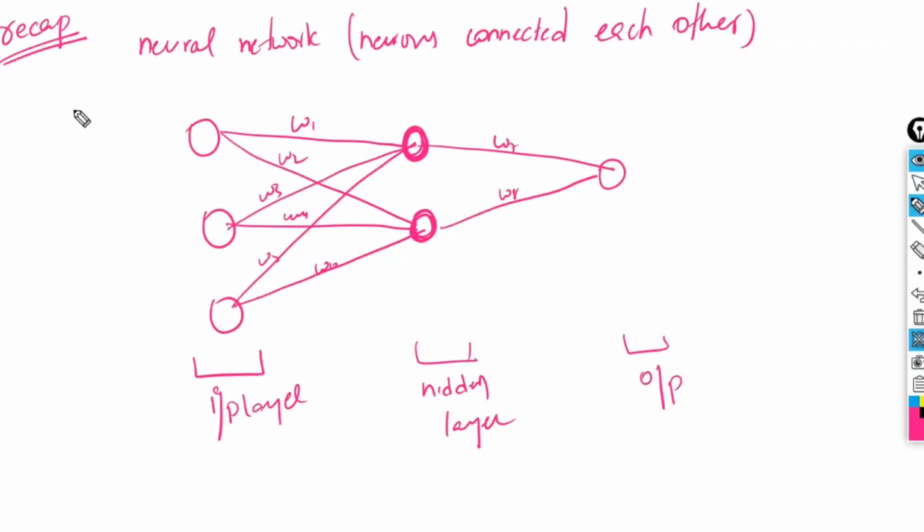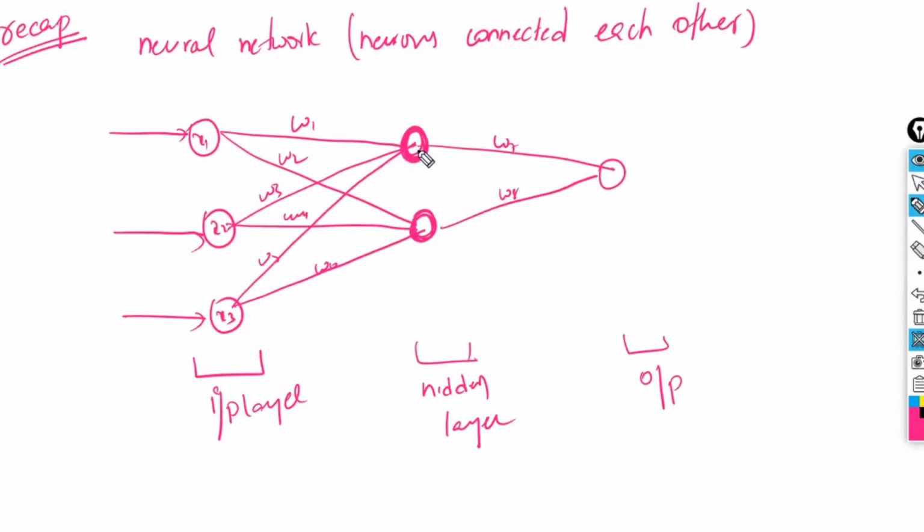Now, once you have initialized the weights and connected the neurons like that, once the input data was sent, that is X1, X2 and X3, what happens?